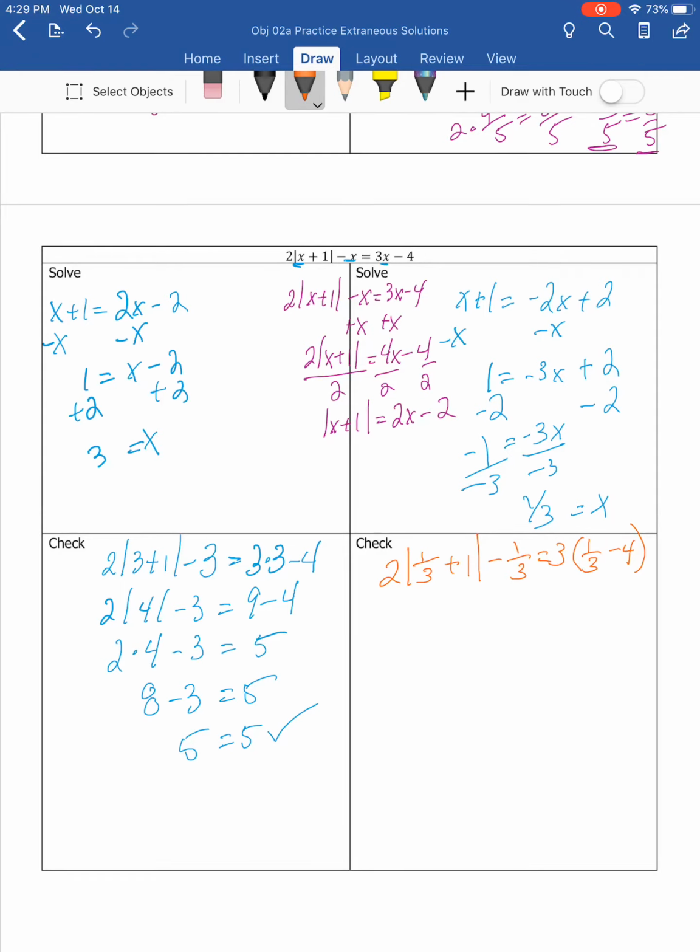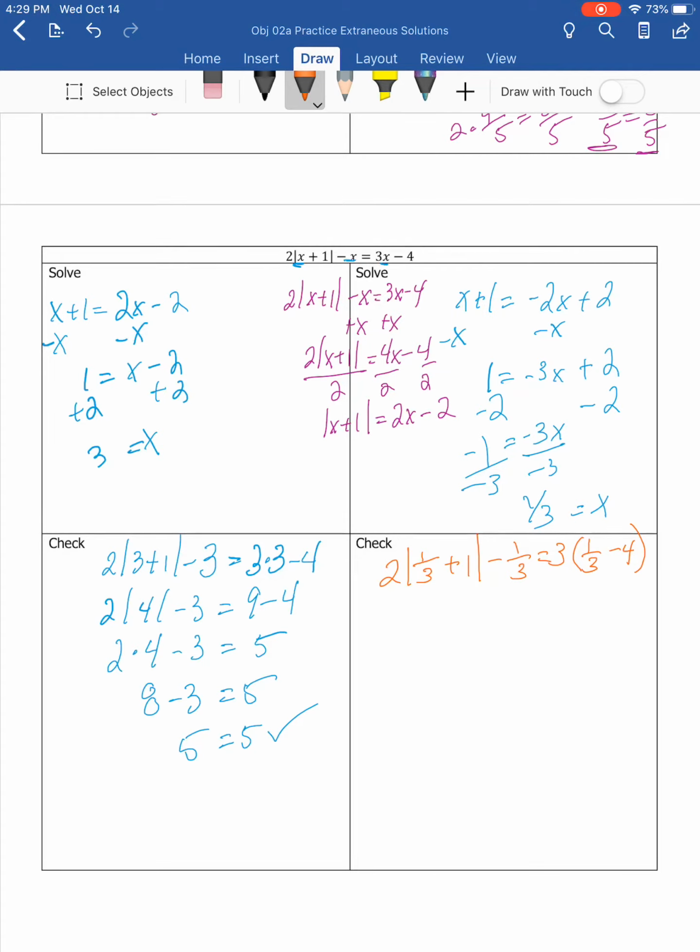I'm afraid I did something wrong. Okay, let me just make sure I did this right. Oh no, that's right. 1 minus 2 is negative 1.